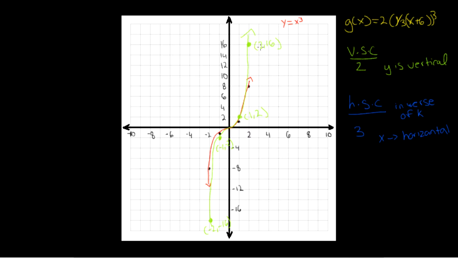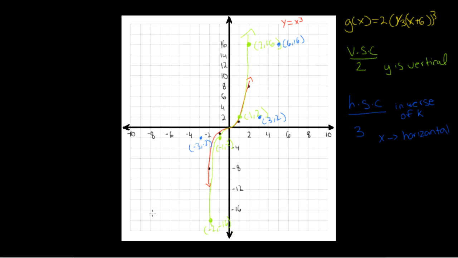The x coordinate is 2, we multiply that by 3, we get (6, 16). Now we do the same thing here. We multiply the x coordinate by 3, we get (3, 2). Same thing here, we get (-3, -2).